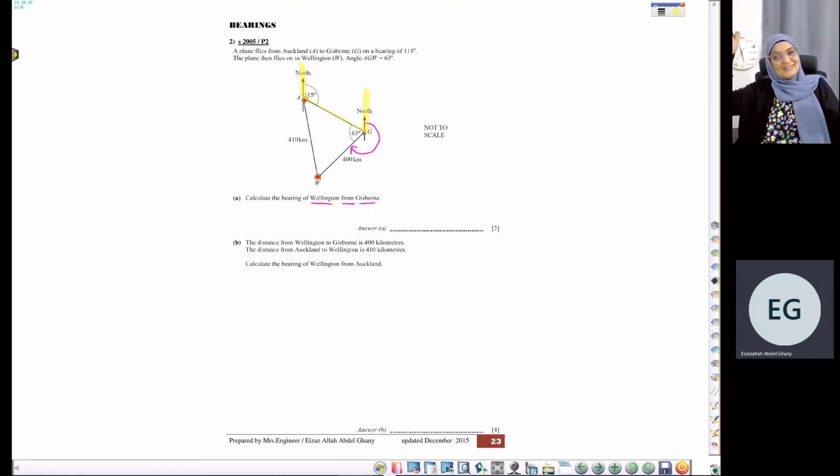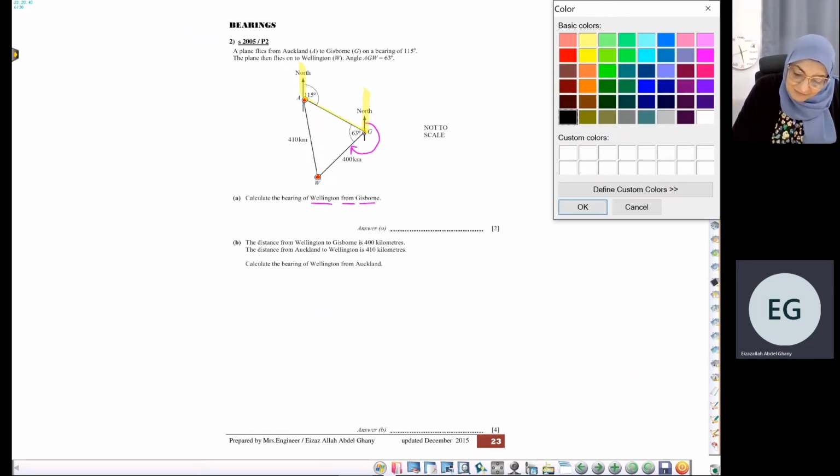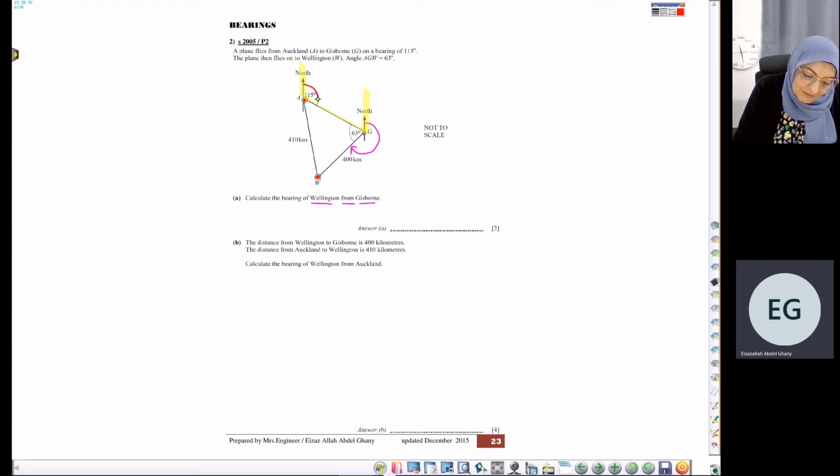Interior angles add up to 180 degrees. So this angle is given 115. You can find its supplement, which is 180 minus 115 is 65 degrees.